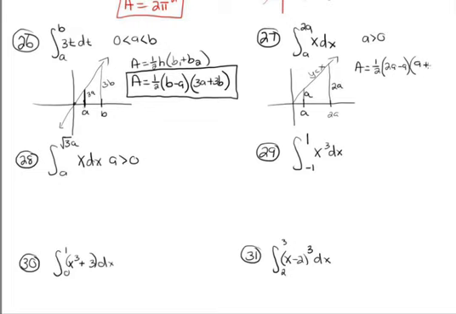So I have a plus 2a. This one can be easily simplified. 2a minus a is simply 1a, and a plus 2a is 3a. So I get 3a times a, which is 3a squared. And half of 3a squared would be simply 3/2 a squared. And that would be the answer to the integral question.